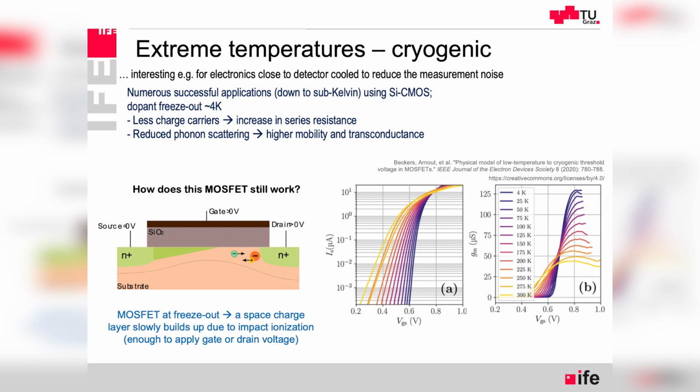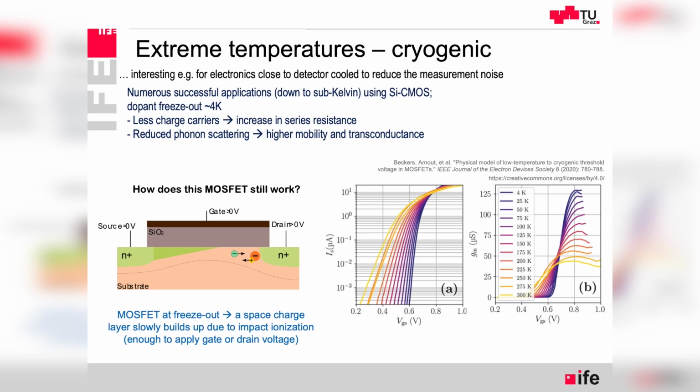And that's actually a minus. Another thing that happens is that we have reduced phonon scattering. So the vibration of the lattice is lower because of the lower temperature. So because of that, we have a higher mobility and better transconductance.